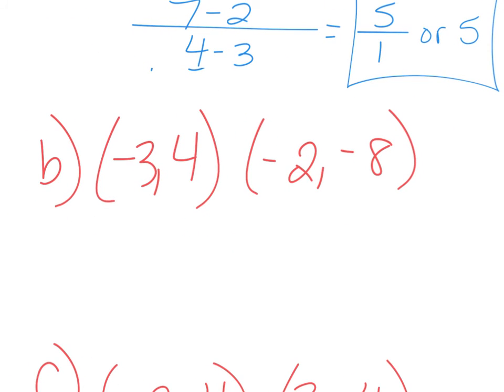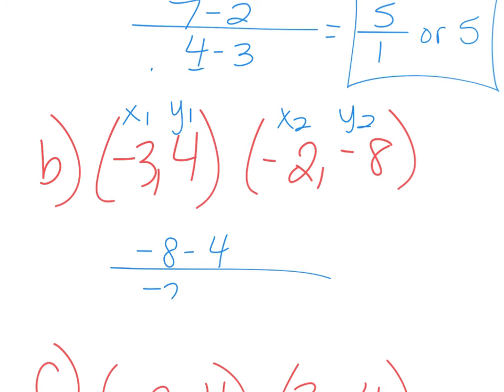Okay, let's do another one. Label it. So I have -8 minus 4 over -2 minus -3. Okay, so on top I get -12. And on bottom, did I get a 1 again? Yes, I did.